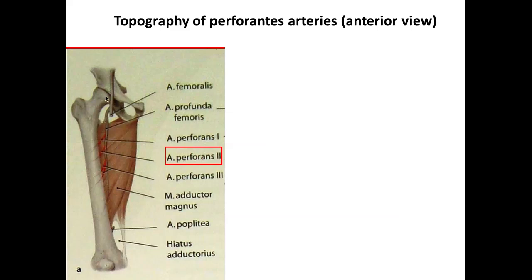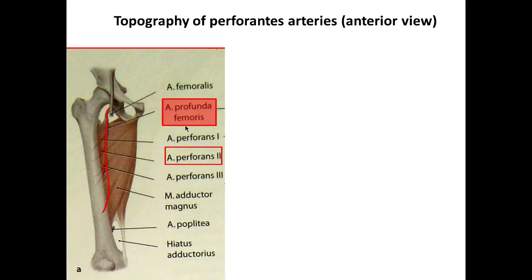And more distally, it is cut from this point to this point. Why do we need to cut the artery? For seeing better the deep femoral artery. Here it is. What is this? Arteria profunda femoris. Here it is. Arteria profunda femoris.